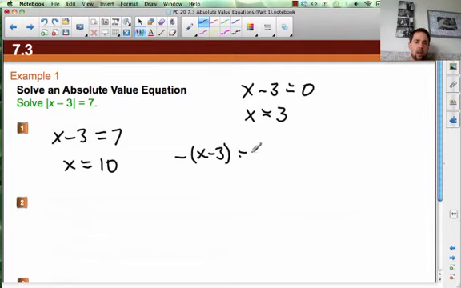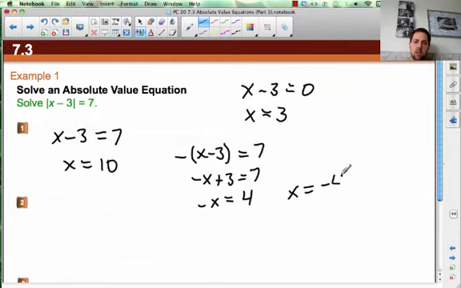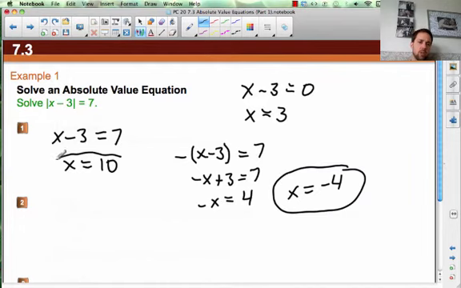So then it would be the negative version of it, which is negative x plus 3 equals 7. Negative x equals 7 minus 3, which is 4. And of course x equals negative 4. So these are the two solutions that would make this thing true.